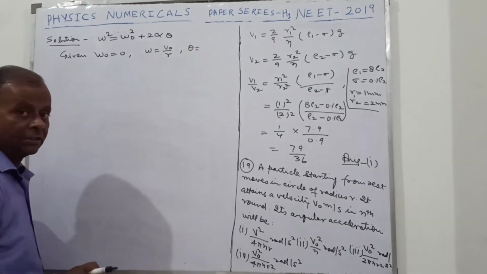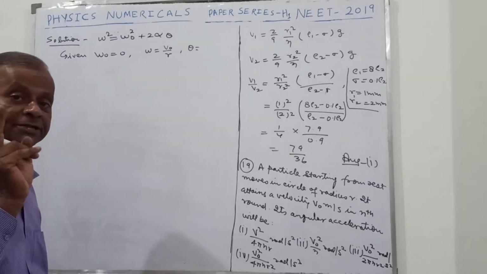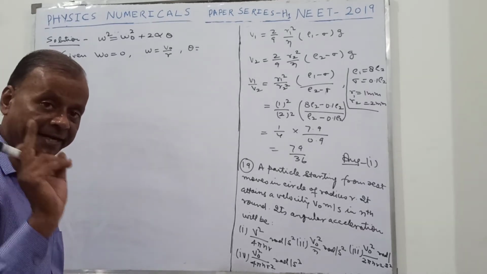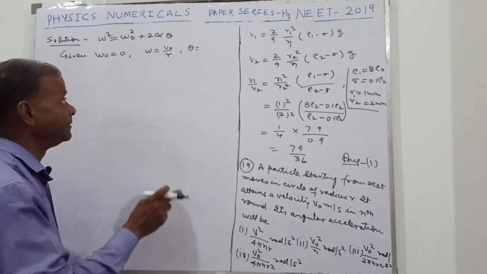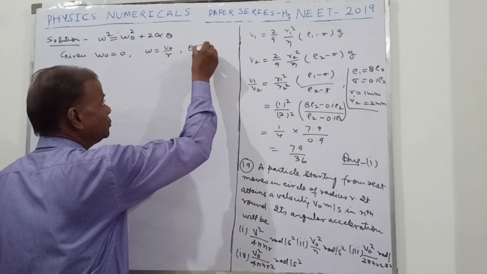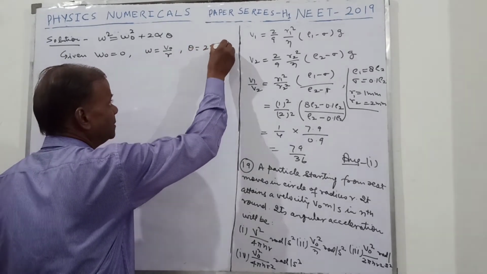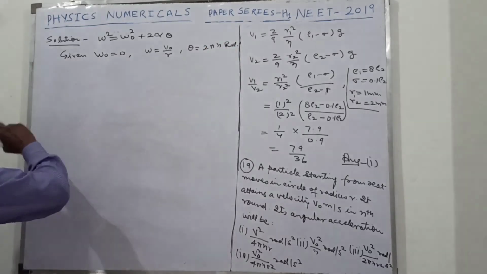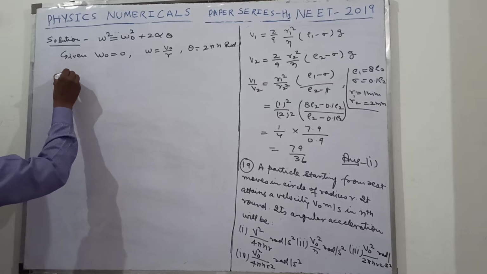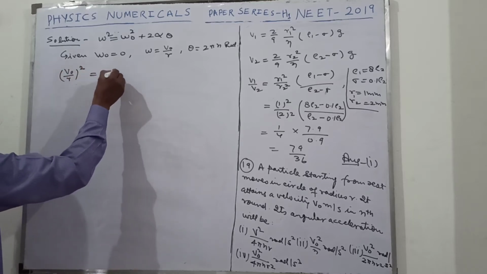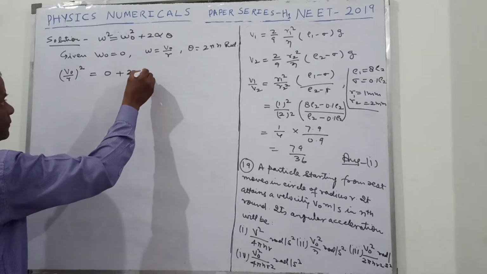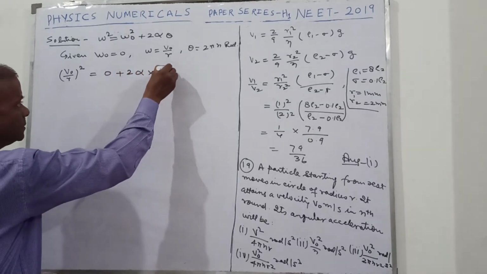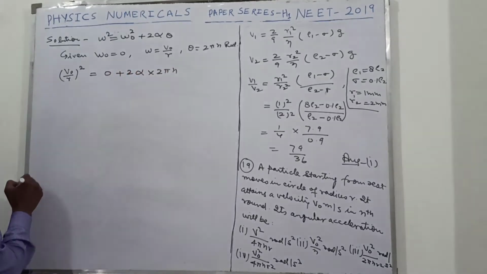Nth round. In one round the displacement is 2 pi. In the nth round this will be 2 pi n. Now put all the values. This is v naught upon r whole square, equals 0 plus 2 alpha theta, and theta is 2 pi n.